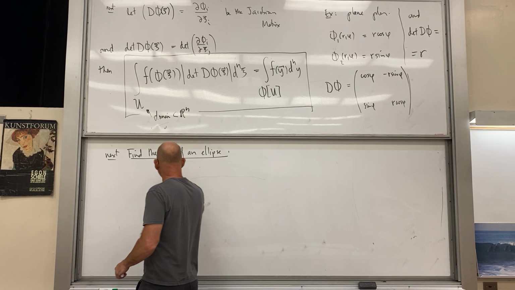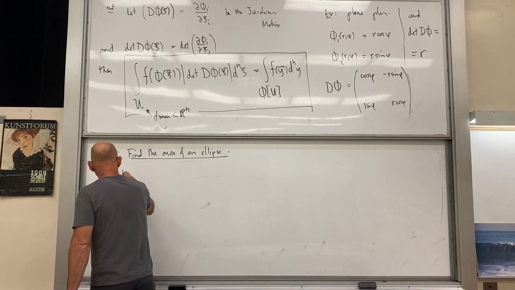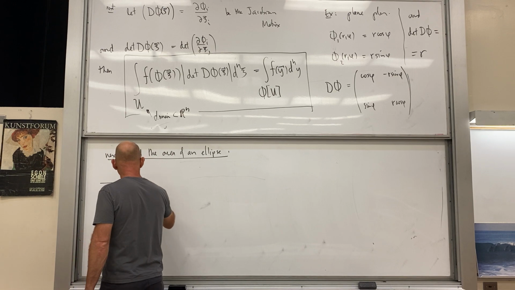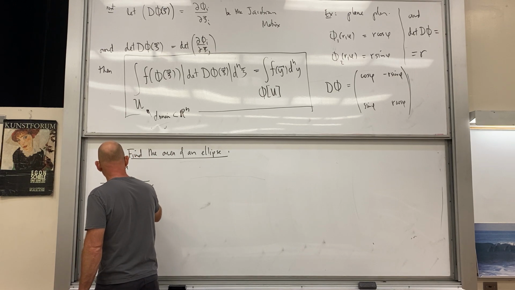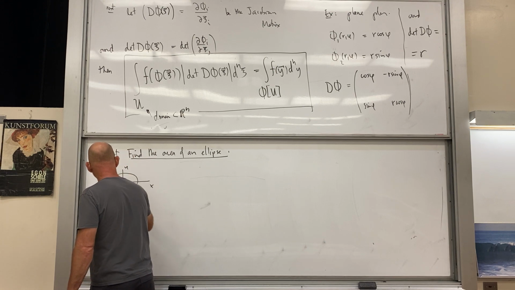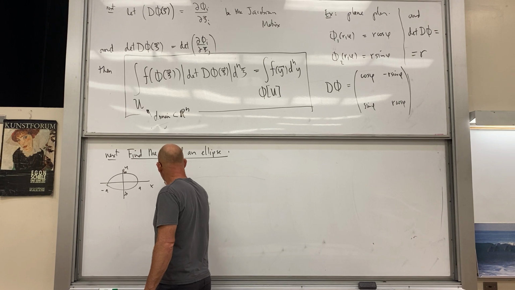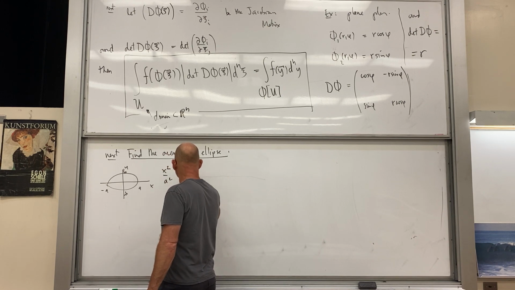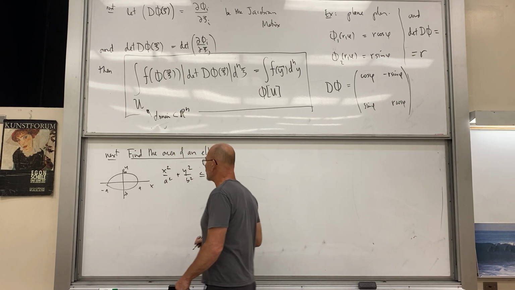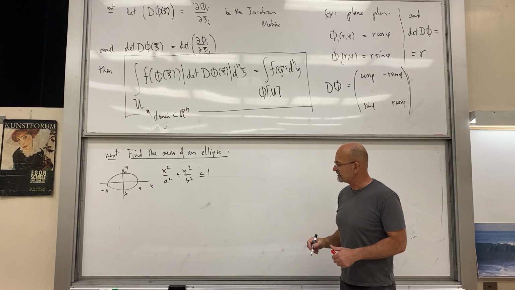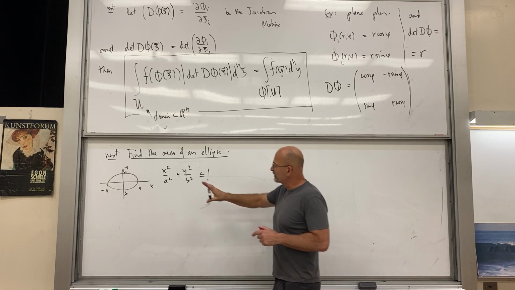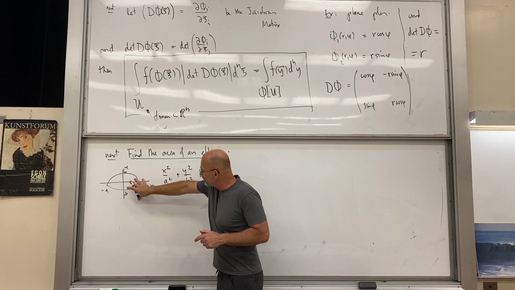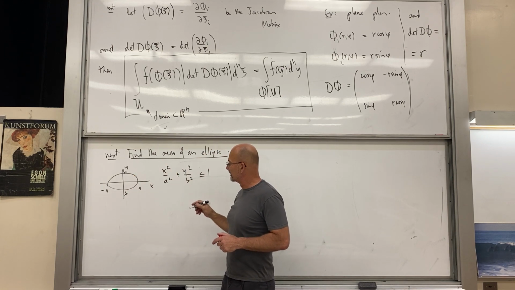So we know we have x squared over a squared, in x and y we have a and minus a, minus b and b, x squared over a squared plus y squared over b squared less than or equal to 1. So that's the ellipse. We need a transformation of the unit circle onto the ellipse.